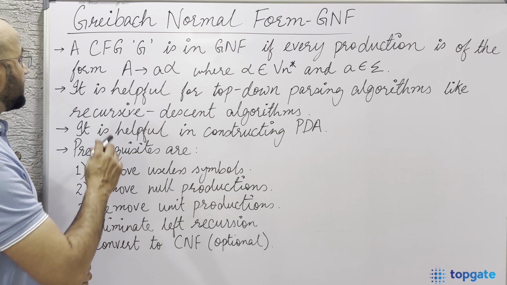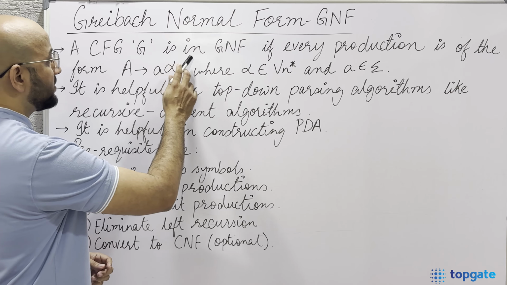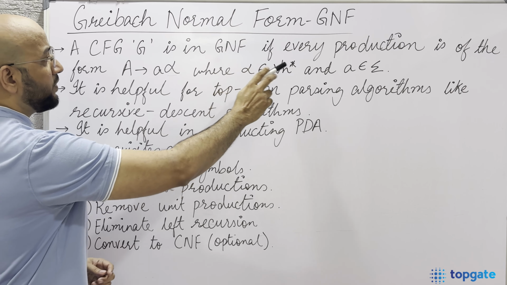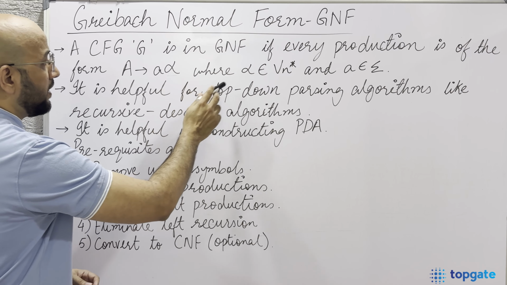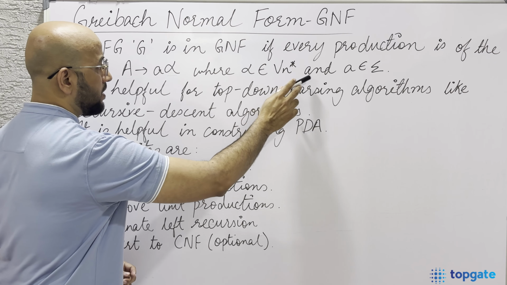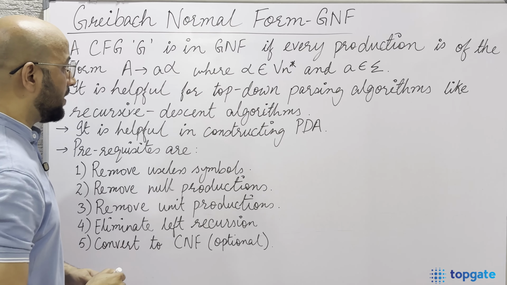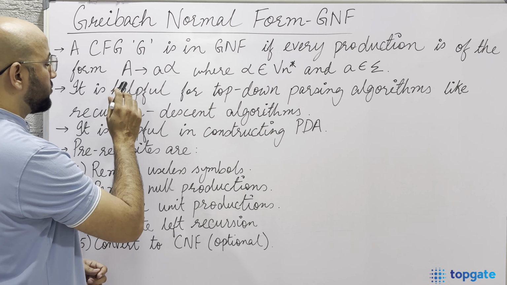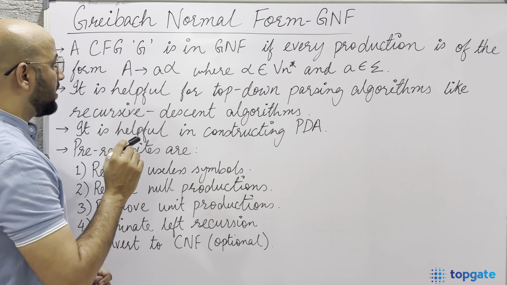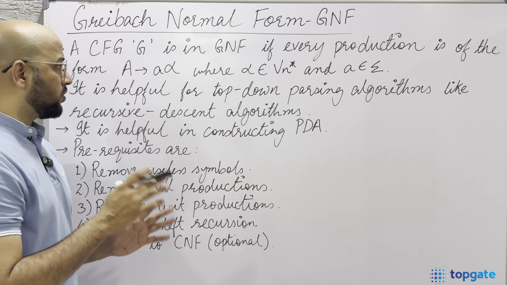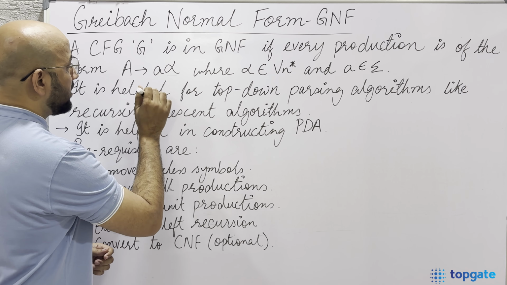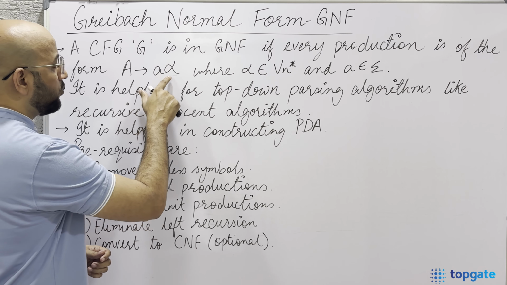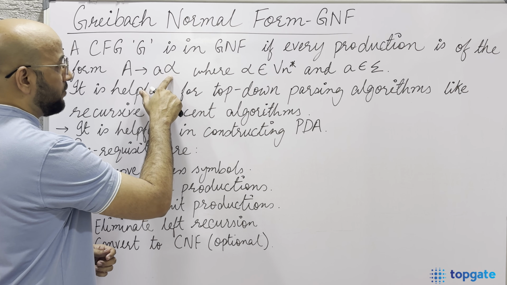Okay, so the first point says that a CFG is in GNF if every production is of the form A tends to a alpha, where alpha belongs to Vn star and a belongs to sigma. This says that in every production rule, left hand side should be a single variable, that is the definition of the context-free grammar, and the right hand side should start with a single terminal followed by any number of variables.